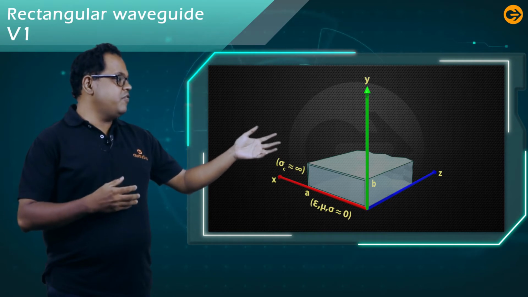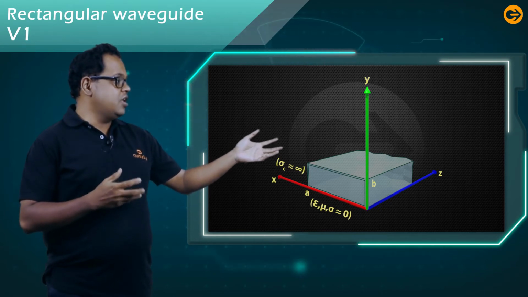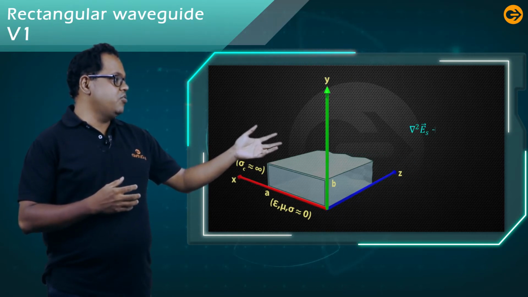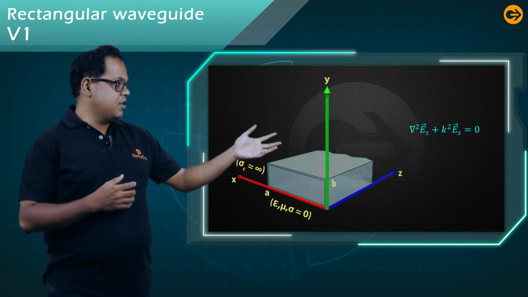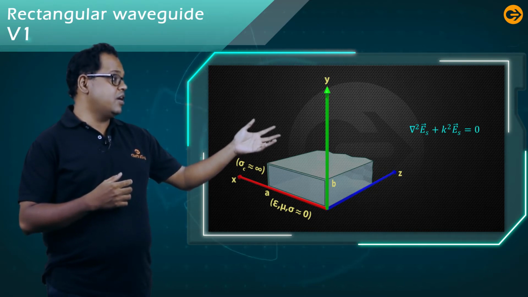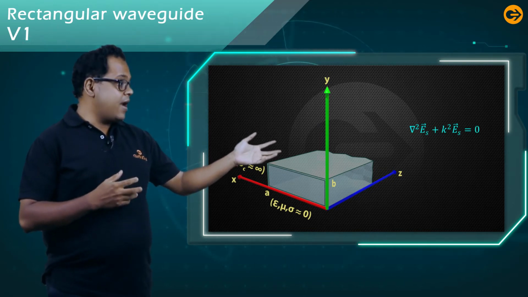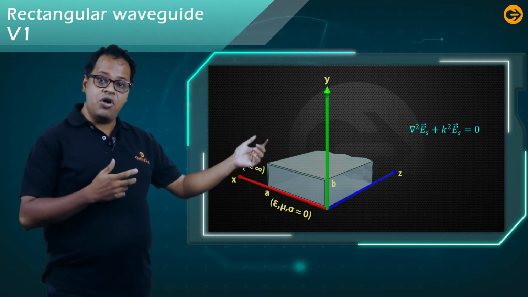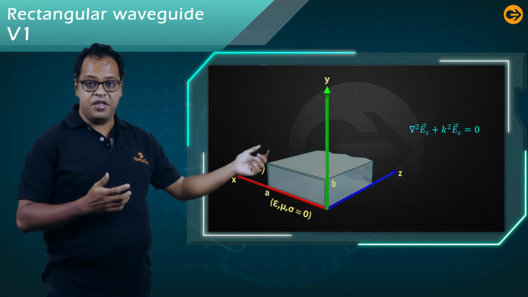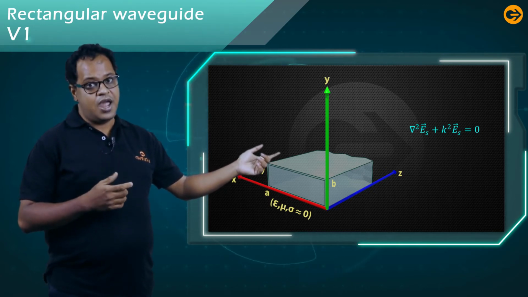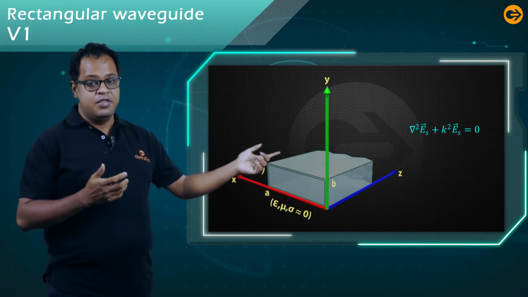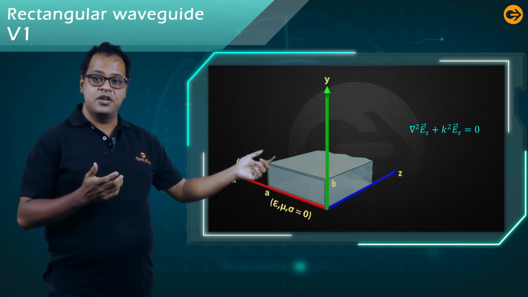So, if you derive the equations, they will be grad squared Es plus k squared Es is equal to 0, where Es has three components as discussed earlier. They are E of Xs, E of Ys and E of Zs. This is for the electric field.